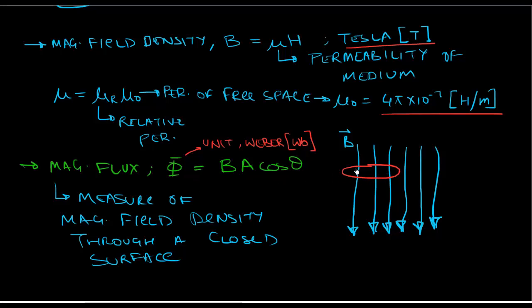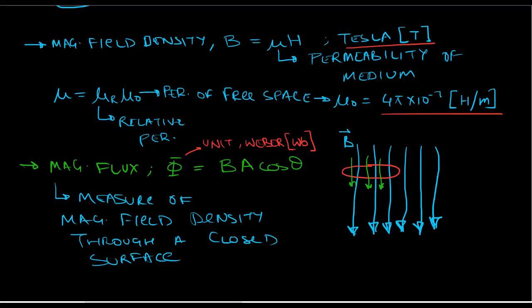If it's all the amount of field lines passing through a closed surface, right? So what will affect it? One, of course, the magnetic field density here. So there are 3 lines here. What if I was to increase the number of lines? So that is one way I can increase my flux. Now I increase the amount of field lines going through there, so I have more flux.